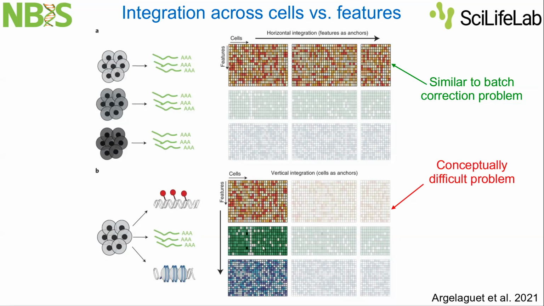That's what is called vertical integration, and it's a little bit more challenging problem. I'm not saying that batch effect correction is a simple task, but at least conceptually you understand what you're doing, and what kind of outcome you want to get. While in vertical integration, sometimes it's even difficult to wrap your head around this.